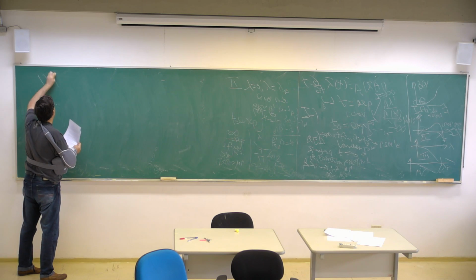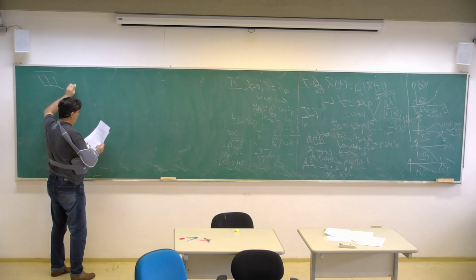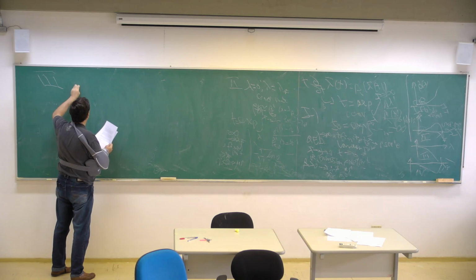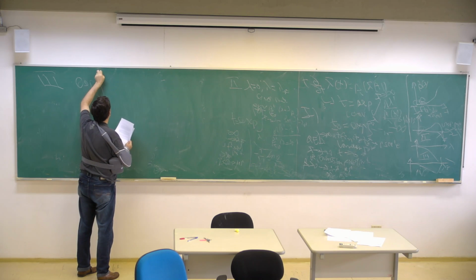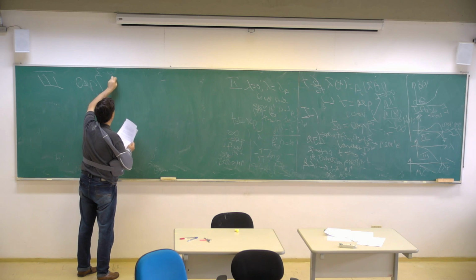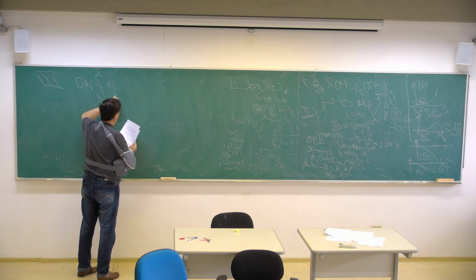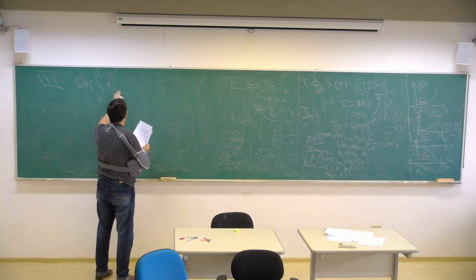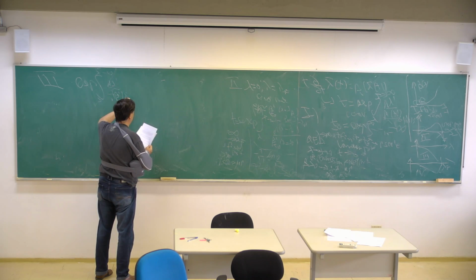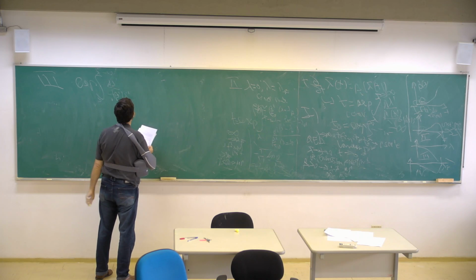So in case 3, we have the exponent of the integral from lambda bar going to 0 to lambda, d lambda prime over beta of lambda prime, but now beta is negative, so minus beta of lambda prime.